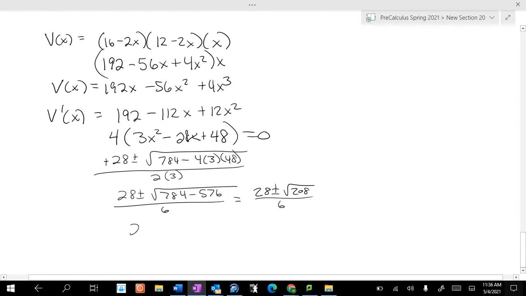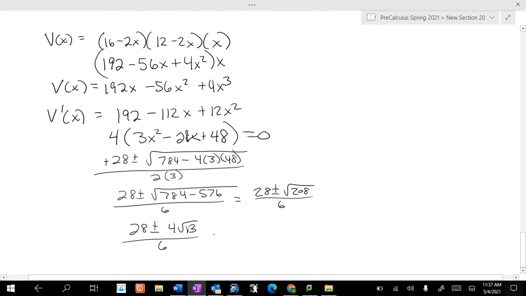And 28 plus or minus, 4 goes into there. So it's 2 square root of, 4 goes in there 52 times. Ooh, 16 goes in there. How many times does 16 go in there? 13. So it's 4 square root of 13 over 6.